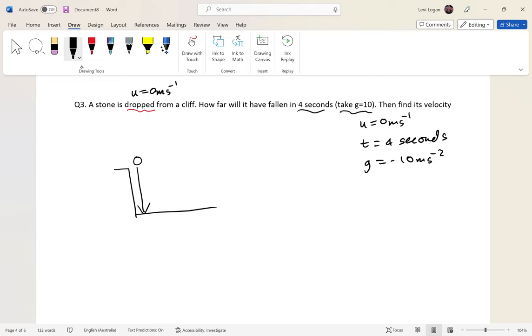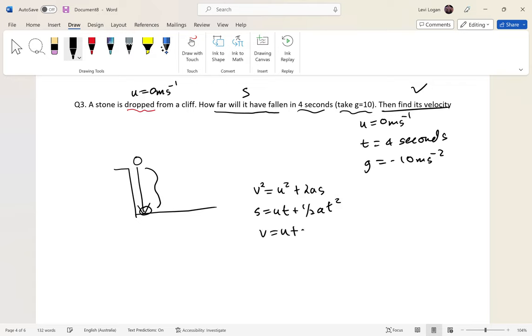We're looking for a distance, so we're looking for s, and we're looking for the final velocity. So the distance it travels here, and the velocity at the bottom here. Let's write out all of our equations. v squared equals u squared plus 2as. s equals ut plus a half at squared. And v equals u plus at.